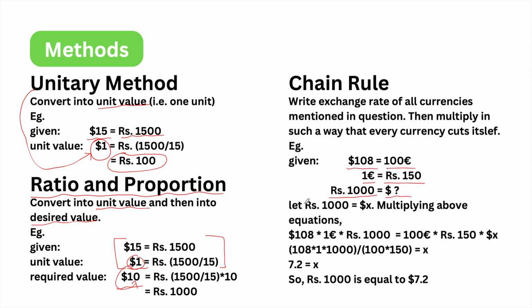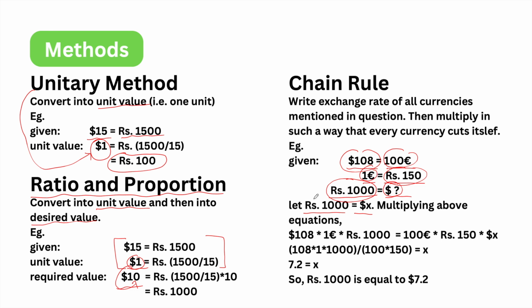So we start solving by first supposing that 1000 Nepalese rupees is X dollar and multiplying the above equations, that is, multiply dollar, euro and Nepalese rupees of one side with euro, Nepalese rupees and dollar of the other side, such that each currency cuts each other.